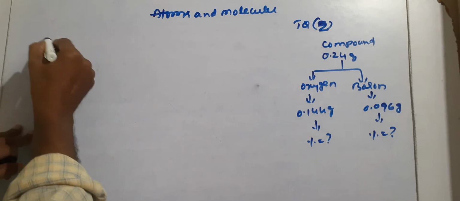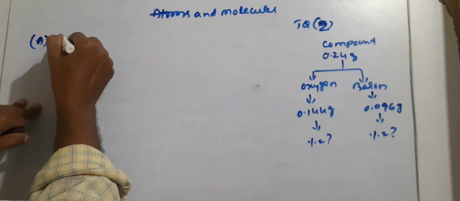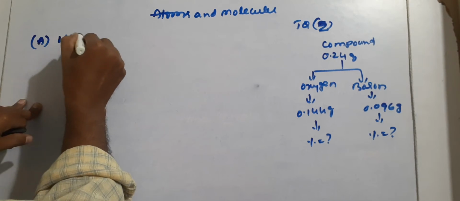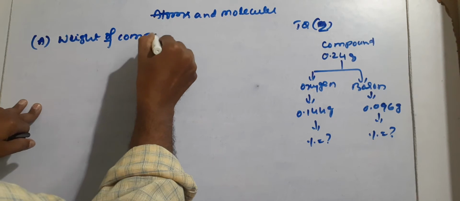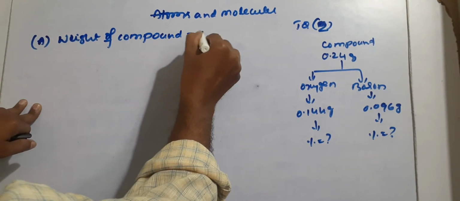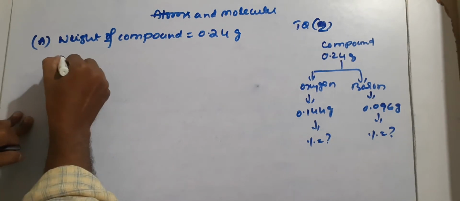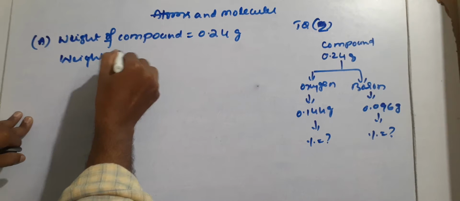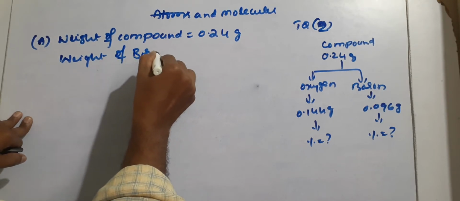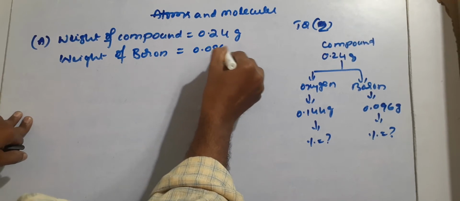So the solution for this problem, students: the weight of the sample compound is given as 0.24 gram, and the weight of the element boron is 0.096 grams.